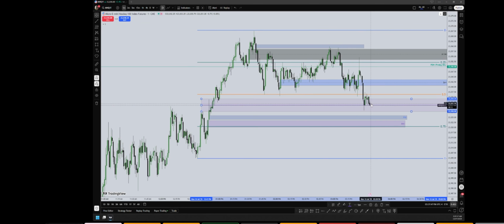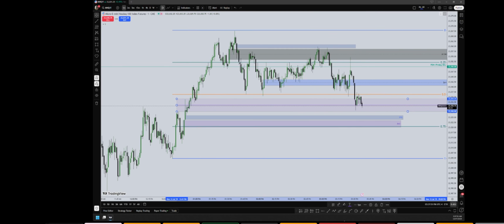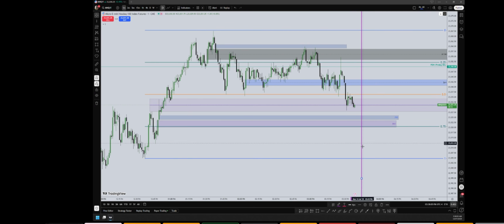If it breaks below this gap as well, what's the time right now? 38 is about to happen. So by 3:44, if it stays below this gap, not inside or not above, then this gap will be broken as well on this candle.